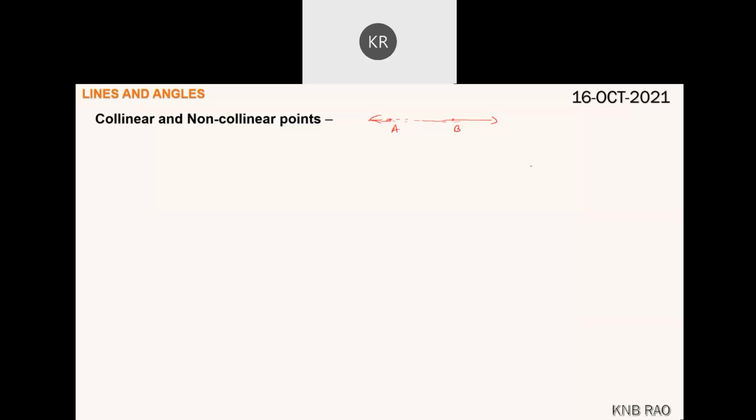Suppose I have more than 2 points, that means minimum how many points? Minimum 3 points. If I have minimum 3 points taken, then those 3 points can be there on one line, or those 3 points may not be there on the same line.